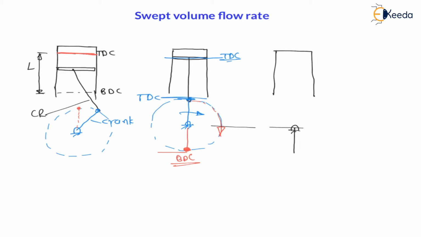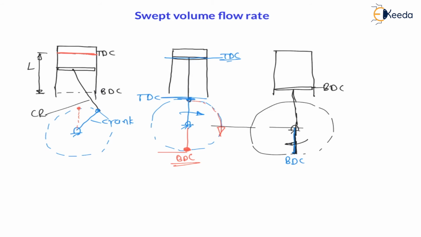And the connecting rod is connected with this end of crank. You can see this end is rotating and will come here. Therefore, connecting rod is coming down, and from this location the connecting rod is like this, and piston will be at bottom dead center. And crank is rotating like this.